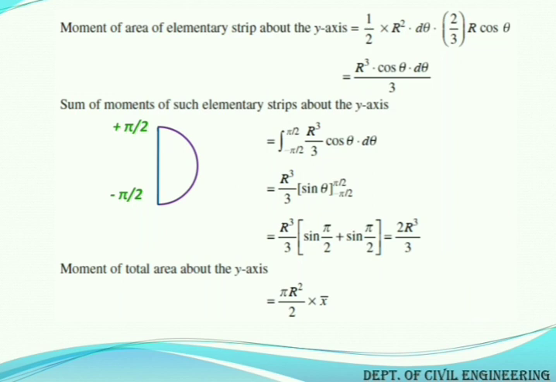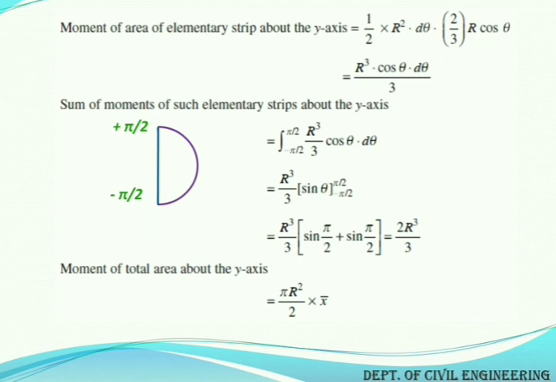Therefore, applying integration for r cube by 3 cos theta d theta with the lower limit of minus pi by 2 and the upper limit of pi by 2, we get the relationship as 2r cube by 3. So this is our fourth step. The output of our fourth step is 2r cube by 3.